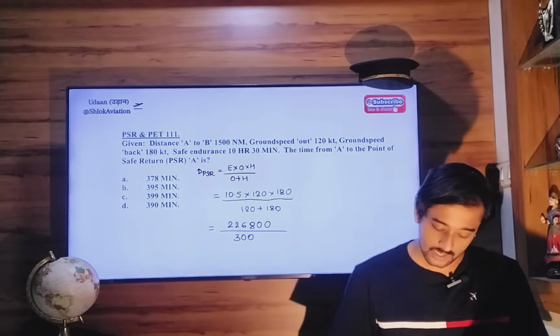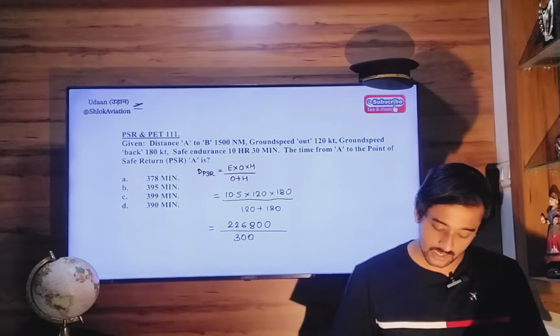Next, 115. What is the time to the point of safe return? So distance to the point of safe return is endurance into outbound into homebound divided by outbound plus homebound. So 6.5 into 120 into 130 divided by 120 plus 130. 120 plus 130 is 250.